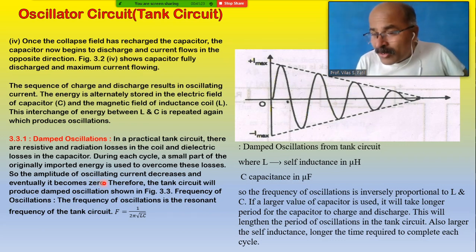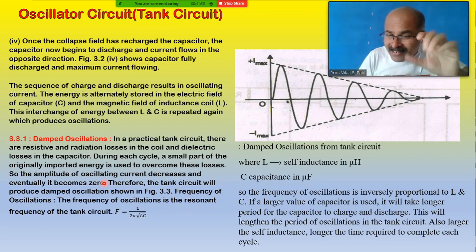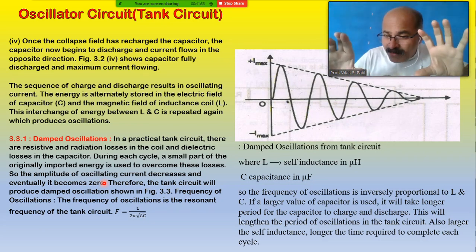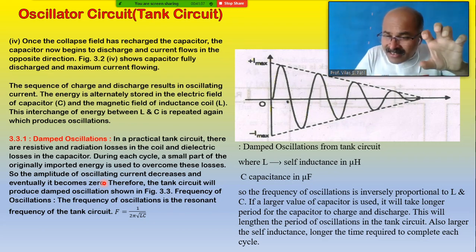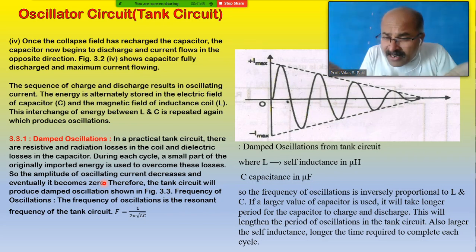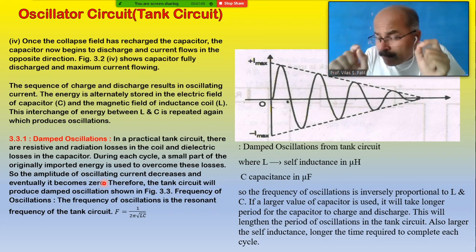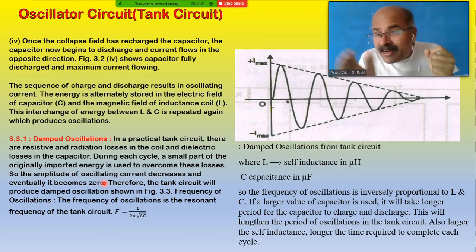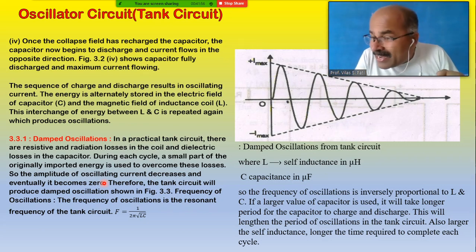What is the concept? There are two components, the capacitor and the inductance. The capacitor will be charged, then discharged through the inductance. Again, the magnetic energy across the inductance is discharged through the capacitor. Means there will be an interconversion of energy between the inductance and the capacitor. But we know that the inductance has ohmic losses and the capacitor has electrostatic losses, that is, leakage.